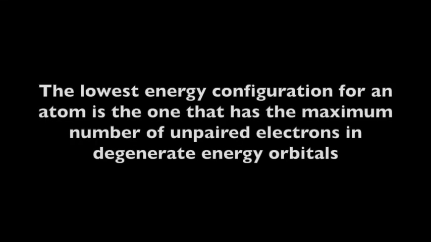Now's when we have to bring out Hund's rule, because there is a certain way we must fill these. According to Hund's rule, the lowest energy configuration for an atom is the one that has the maximum number of unpaired electrons in the degenerate, same, energy orbitals.